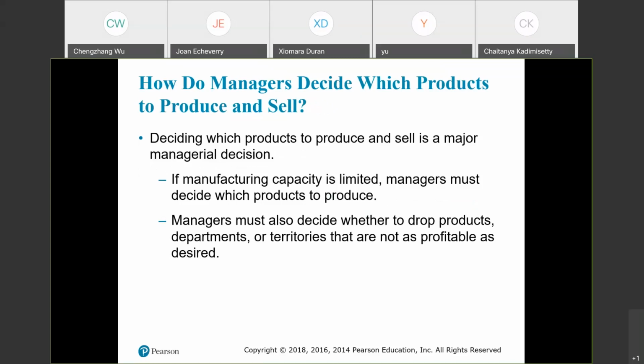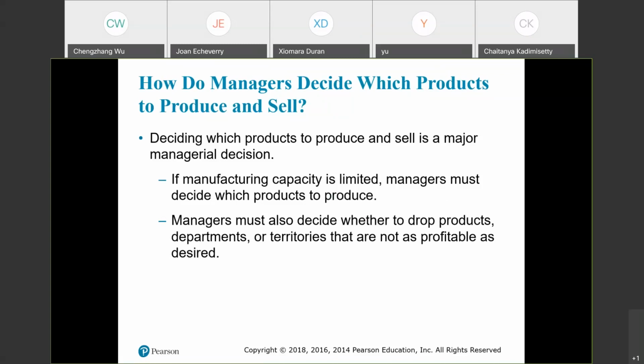Well, deciding which product to produce and sell is a major managerial decision because of the limitation in manufacturing capacity or limitation in sales capacity.